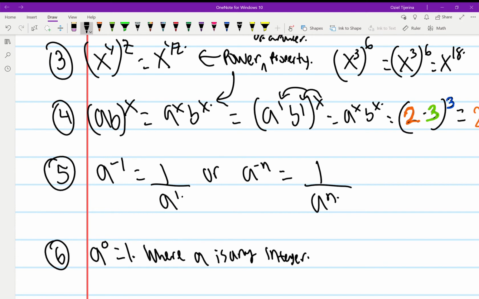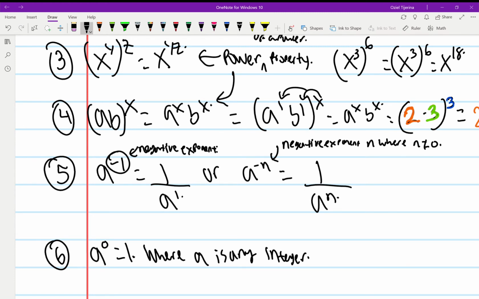And then this one here, well, this one just says that if we have a negative exponent, I'll tell you in a second why it cannot equal 0.